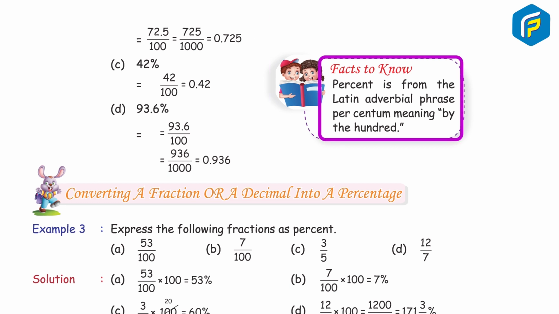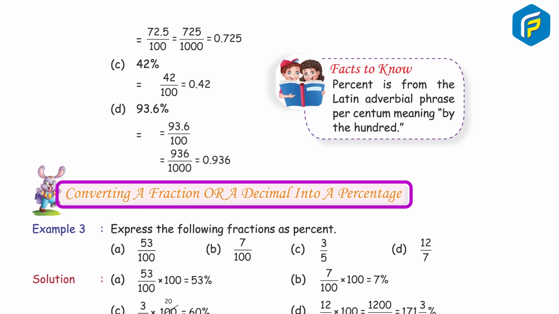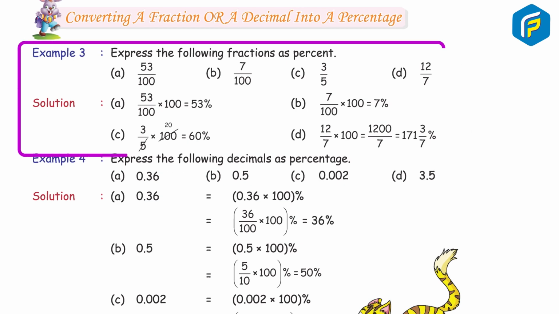Facts to know. Percent is from the Latin adverbial phrase per centum, meaning by the hundred. Converting a fraction or a decimal into a percent. Example 3. Express the following fractions as percent: A 53 upon 100, B 7 upon 100, C 3 upon 5, D 12 upon 7.